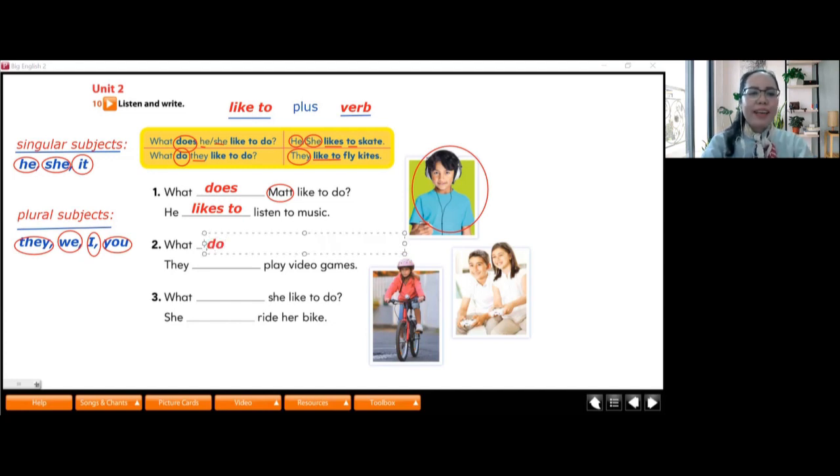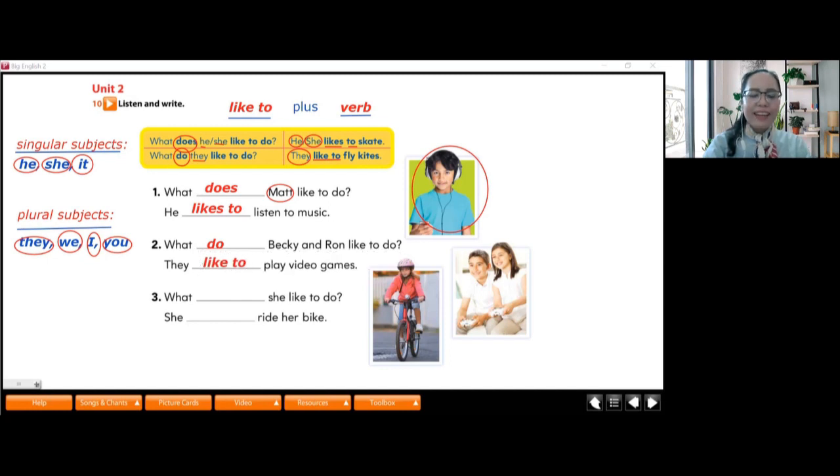Do, yes. And then the answer, since the subject is plural, that is they, so likes to or like to? Like to, without s, yes.